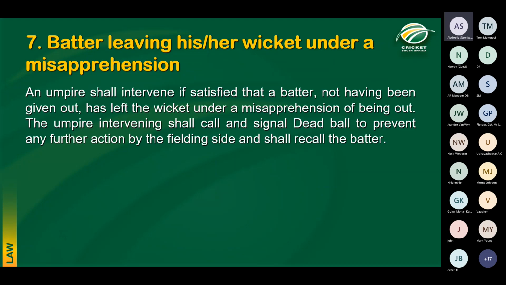You as the umpire, either umpire, need to intervene immediately by calling and signaling dead ball. Why is that? Because for the fielding side, the ball is still alive. So in my case, the fielding side could have run out the batter because the batter left his crease walking towards the changing rooms. So I intervened immediately, called and signaled dead ball.